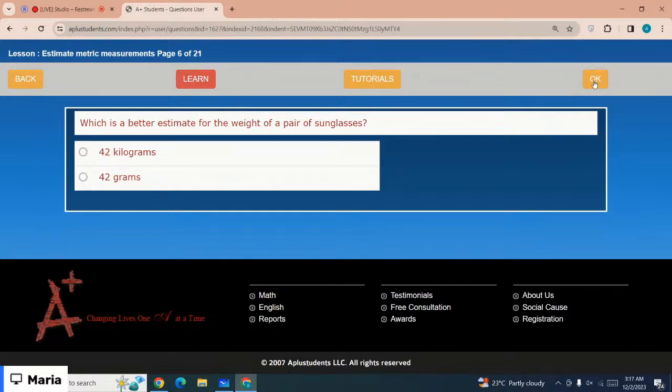Okay, the next one is which is the better estimate for the weight of a pair of sunglasses? So which is the correct option?